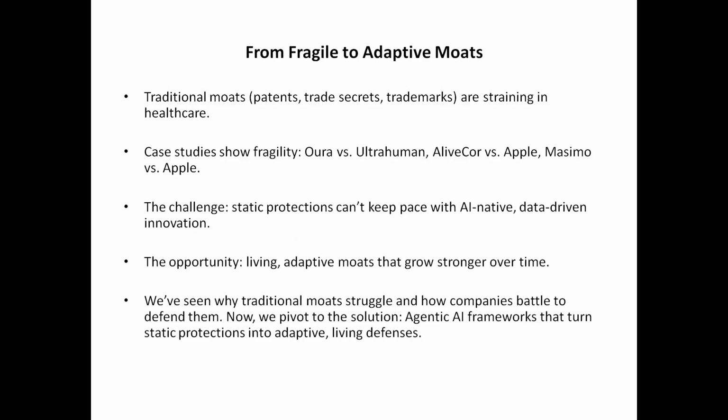So this is a recap of the previous one. I feel the new type of adaptive IP moat requires agentic AI tools that can be utilized.